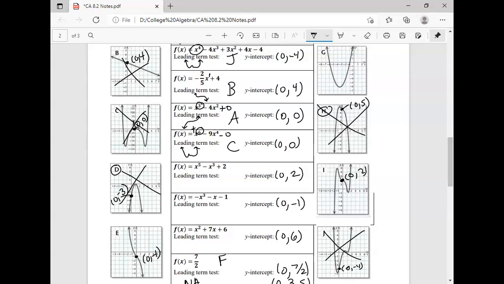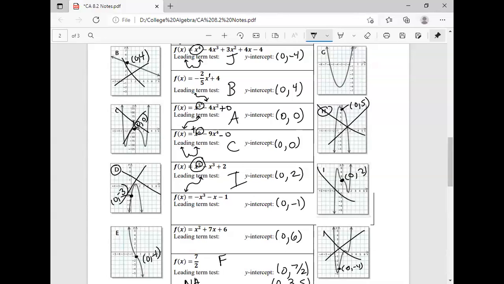Okay. This one is odd and positive. So if it's odd, they're going to be going in different directions. The endpoints are in different directions, but it is going up. It's increasing from least to greatest, and the y-intercept is 0, 2. Which one?